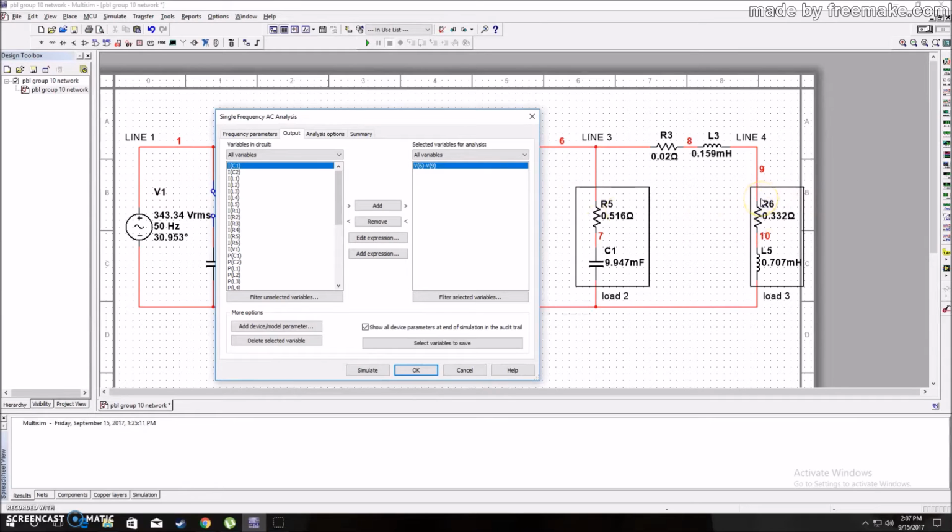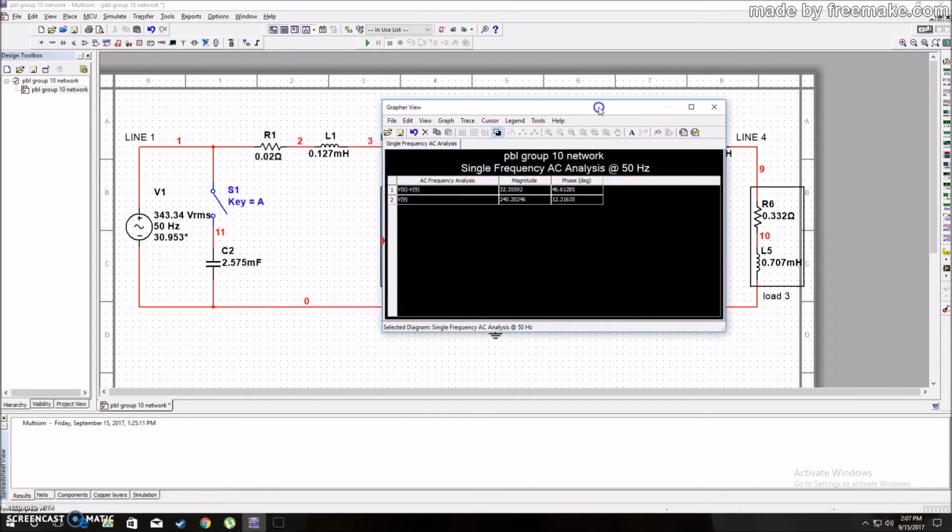For the voltage across the load 3, the voltage is equal to voltage net 9. So we select the variable voltage net 9 and then click simulate.